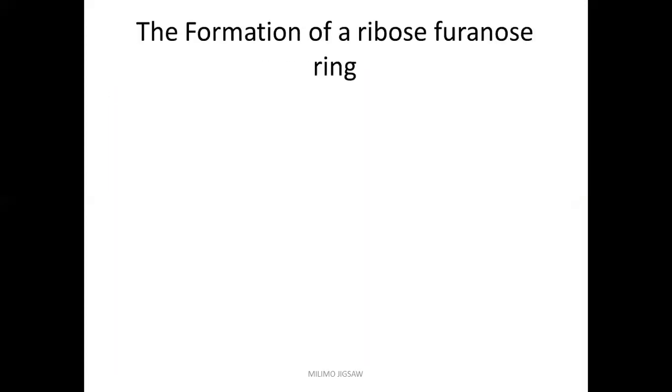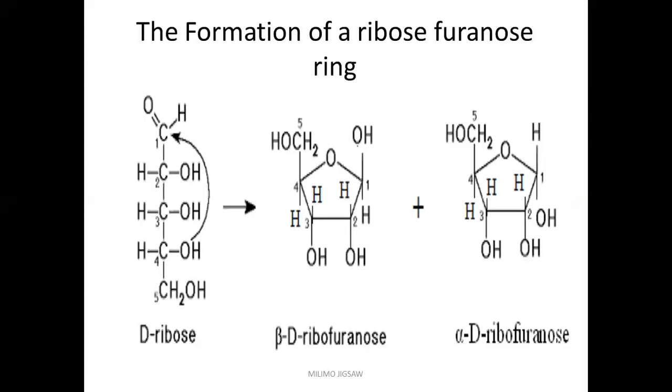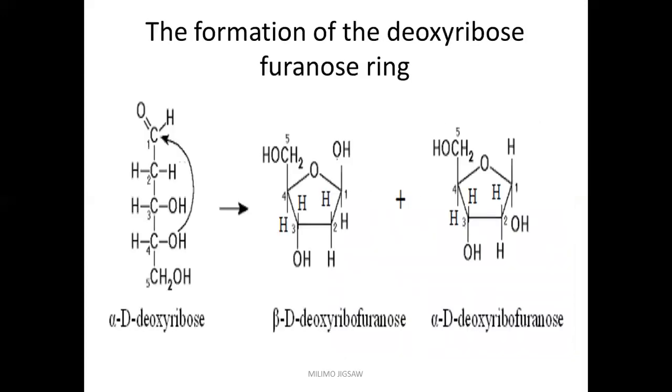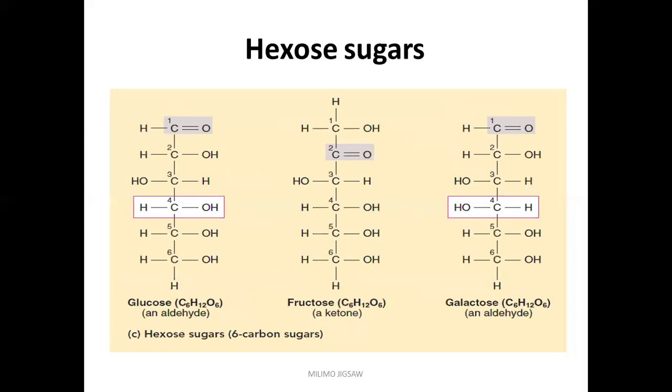So now coming to the hexoses, the hexose sugars. These are 6 carbon sugars. Hex means 6. Remember, we start counting from the carbon at the carbonyl group or nearest the carbonyl group: 1, 2, 3, 4, 5, 6.